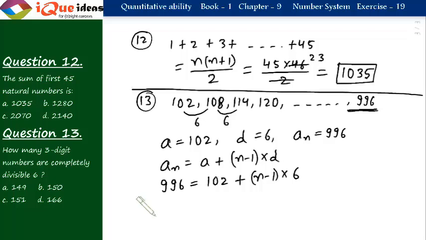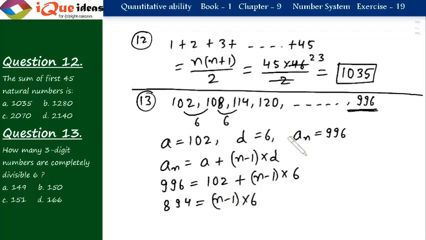Whatever the value of n you get from here will be your total number of numbers. Now 102 goes to the left hand side, and if you subtract, you get 894 is equal to n minus 1 into 6.